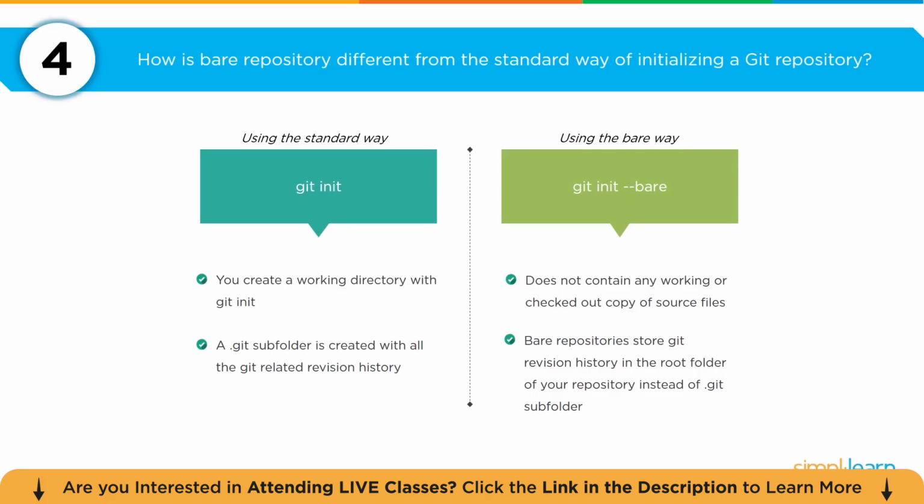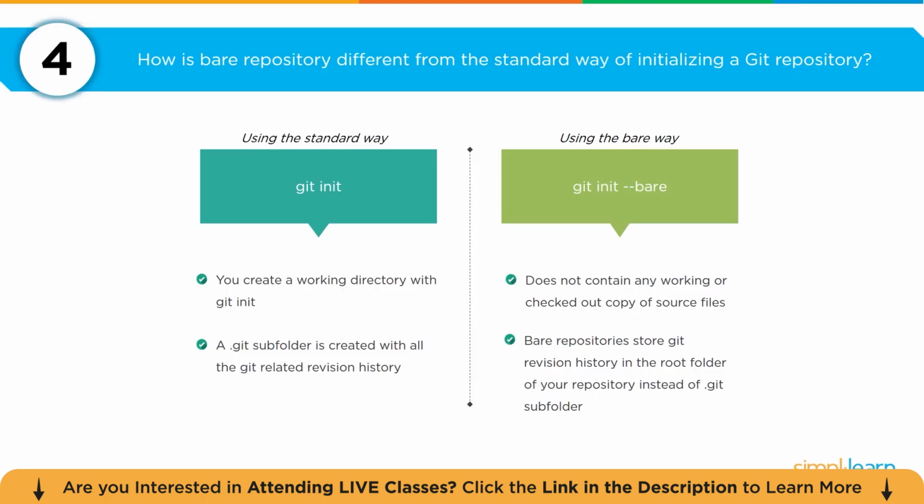One question you may be asked is, what is the difference between a bare repository and a standard way of initializing a Git repository? So let's look at the standard way. The standard way allows you to create a working directory using the command git init. The folder that creates holds all the revision history related to the work that you're doing.